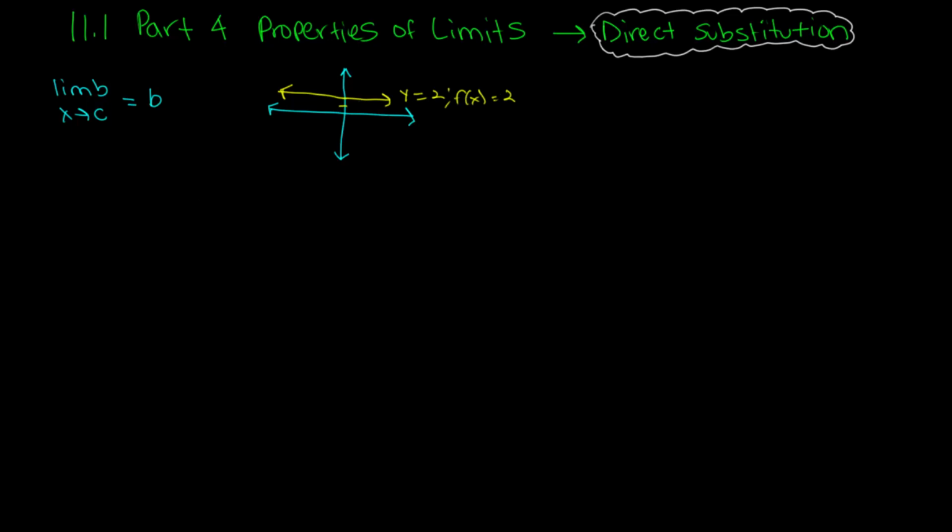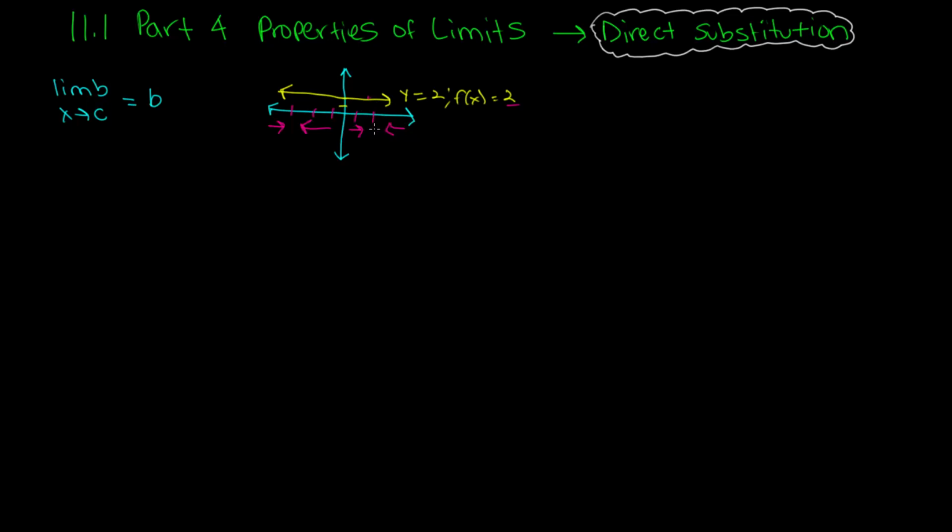We see that no matter where we approach from, whether we're approaching the value 2 from the right and the left, or if we're approaching negative 3 from the left and the right, we're always going to approach this value b, in this case 2, because the graph itself is just a horizontal line.